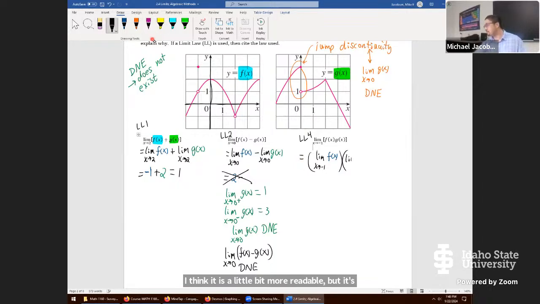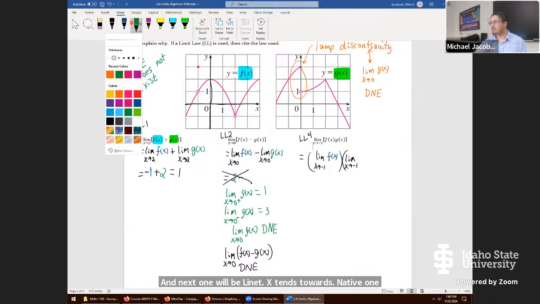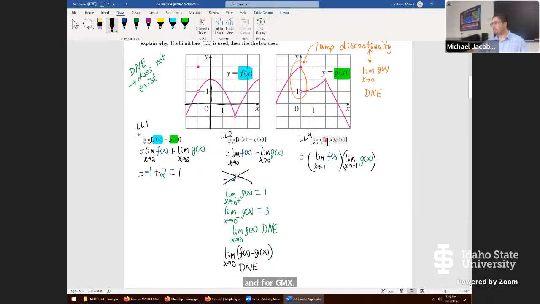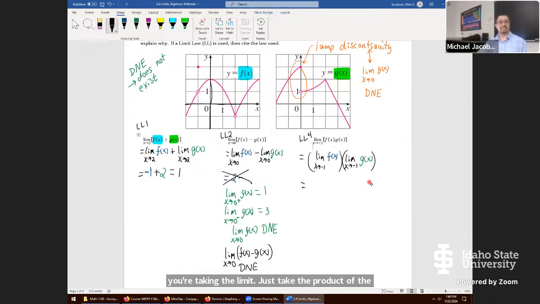And next one will be the limit as x tends towards -1 for g of x. So like limit law 4 stated above, if you have a product of functions here and you're taking the limit, just take the product of the individual limits and you're going to get the right answer. That's a pretty amazing process.